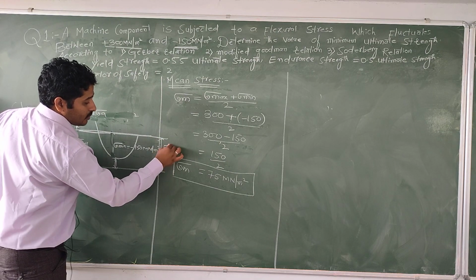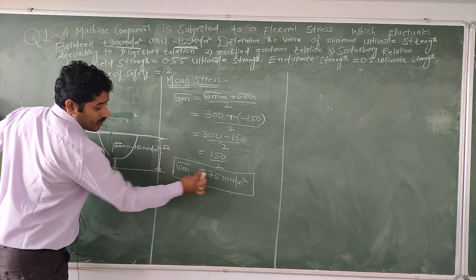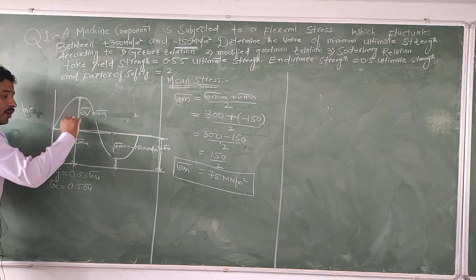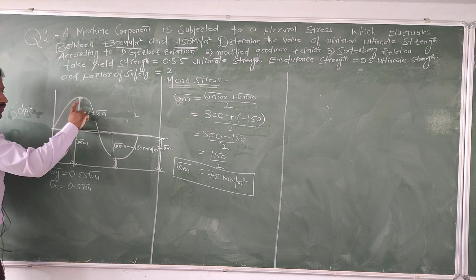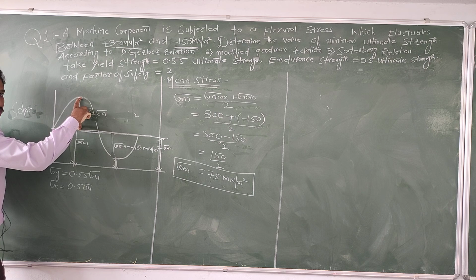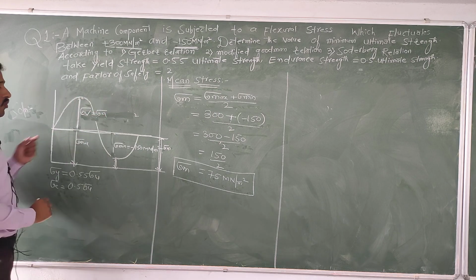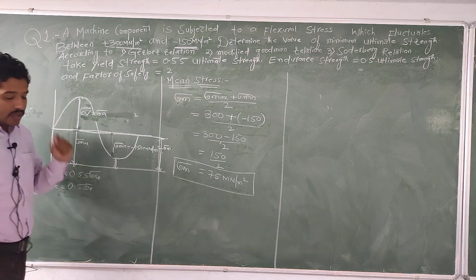We got the mean stress value as 75 mega Newton per meter square. As well, we need to find out from the mean, from this graph, the variable stress, or amplitude stress.